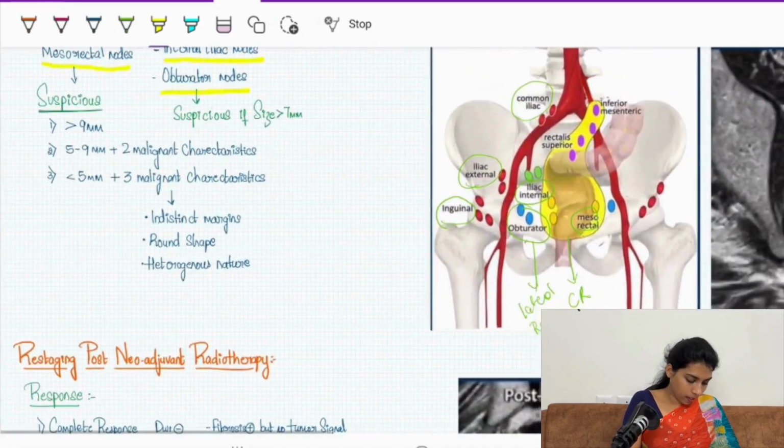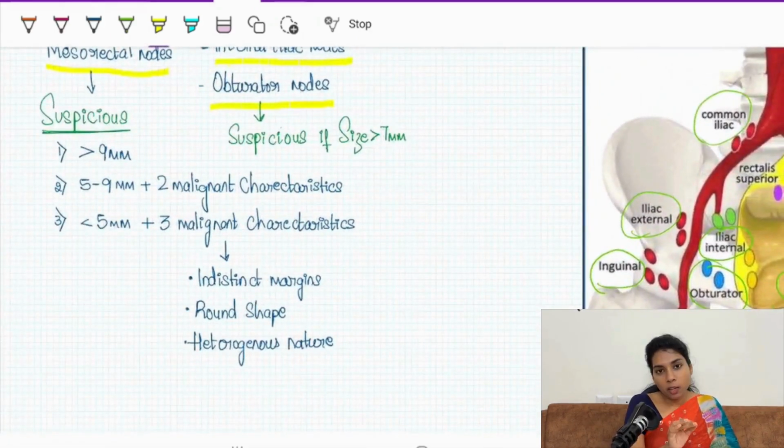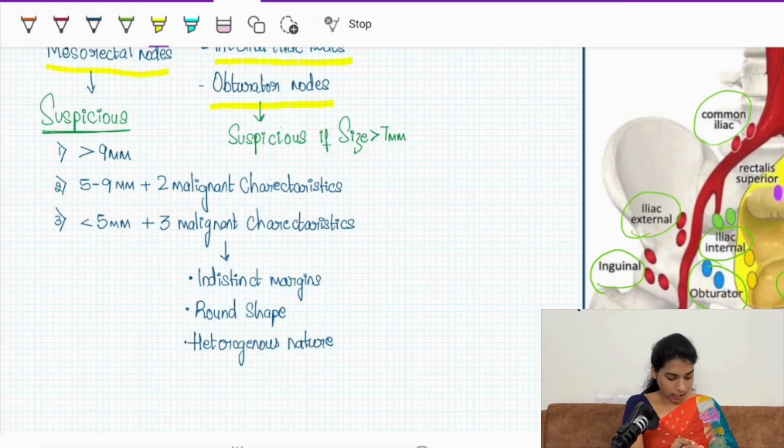Now, if you are looking at a mesorectal node, any mesorectal node more than 9 mm is suspicious, irrespective of whether it is showing a malignant characteristic or not. Even if you're seeing a proper oval node with a fatty hilum, whatever might be the characteristic, if it is more than 9 mm, call it suspicious in a case of a known carcinoma rectum.